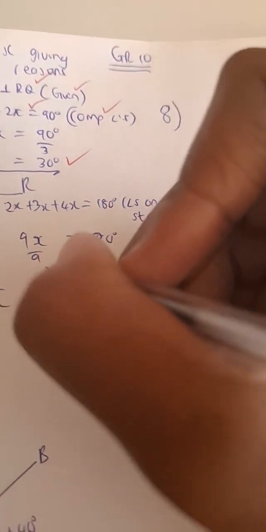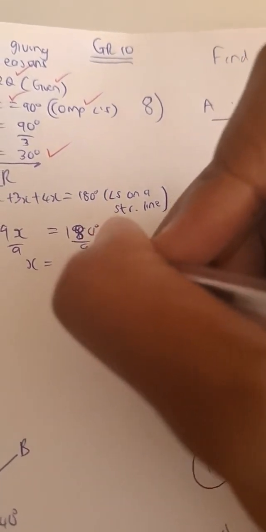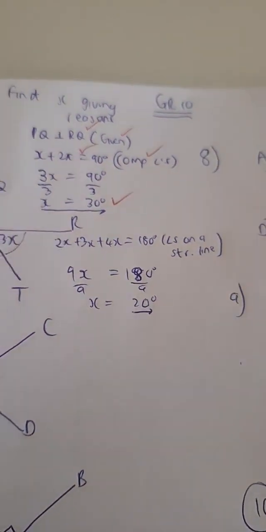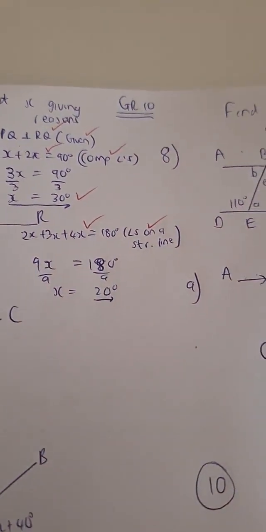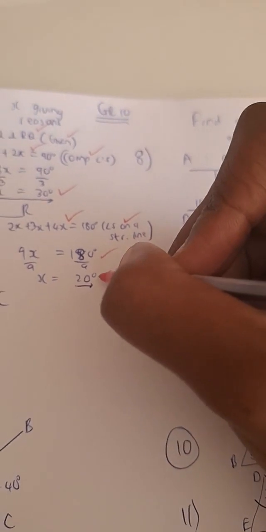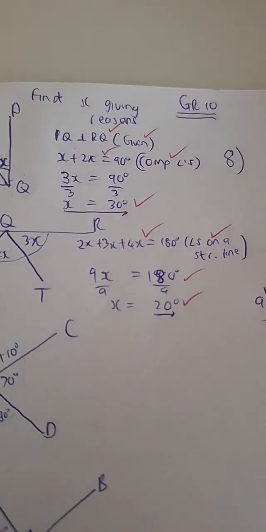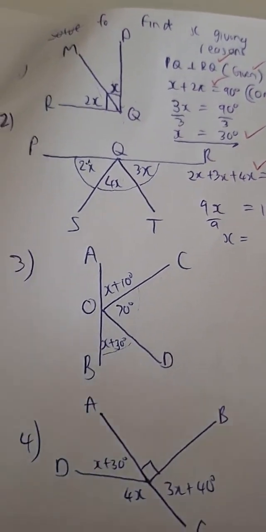We get a beautiful answer of x is equal to 20 degrees. Okay. Statement, reasons spot on according to the acceptable reasons. Of course, equating, simplifying, and then solving for the value of x. x is equal to 20 degrees.